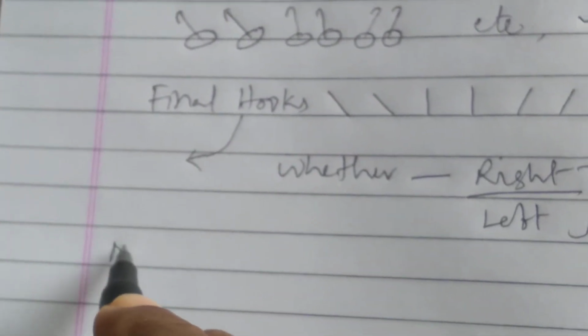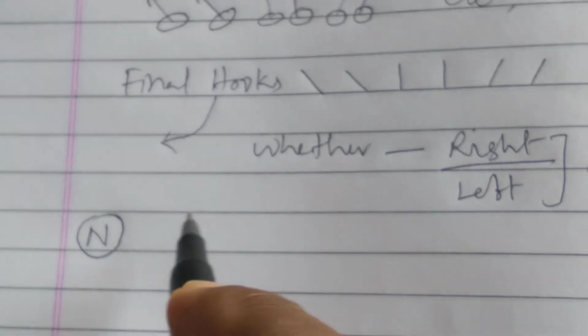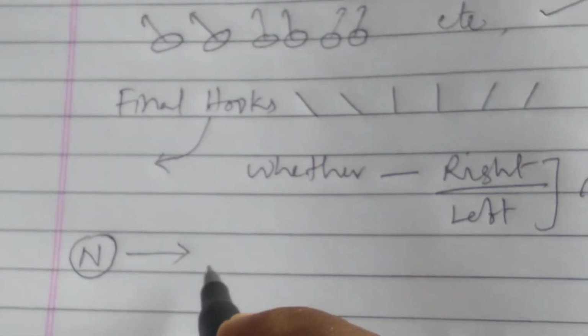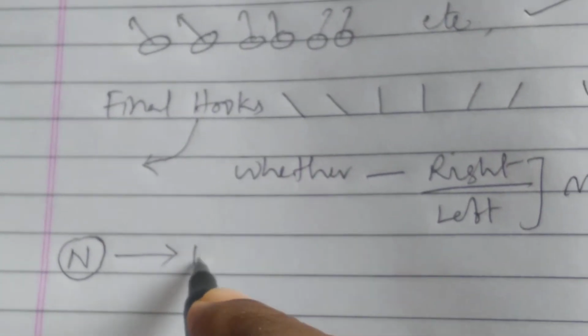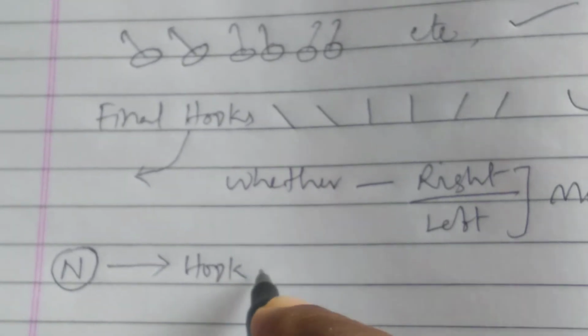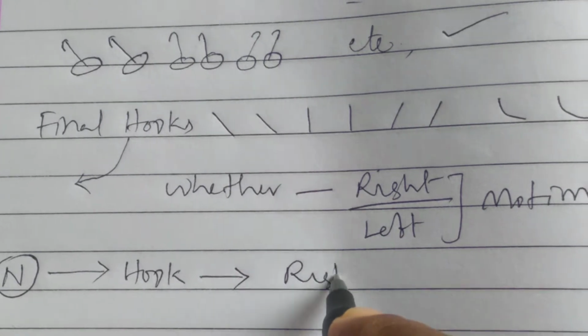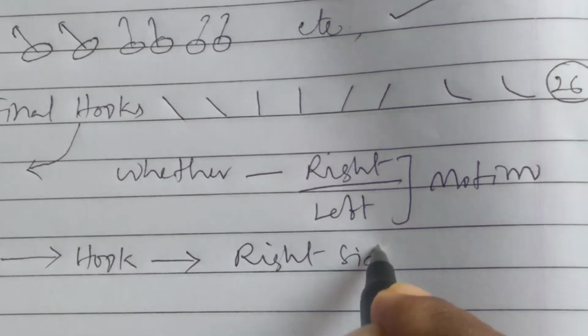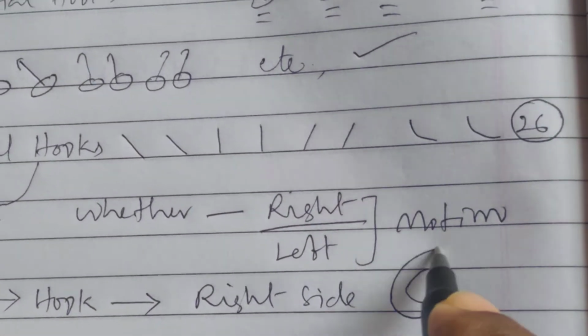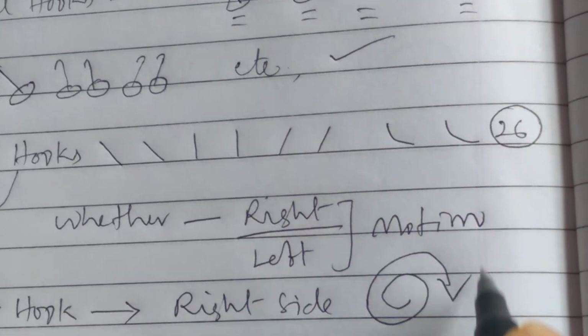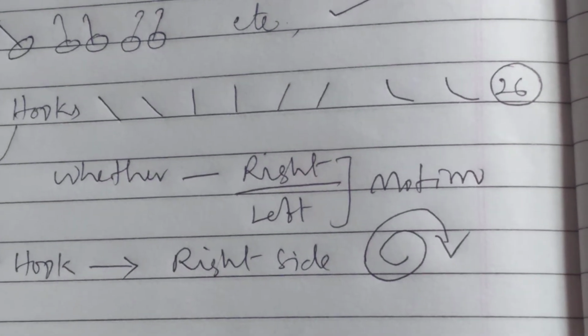Now we can discuss the N hook. If we want to write the N hook, it is to be written with the direction of the right side. How the hand moves like this, no? This is the right direction.